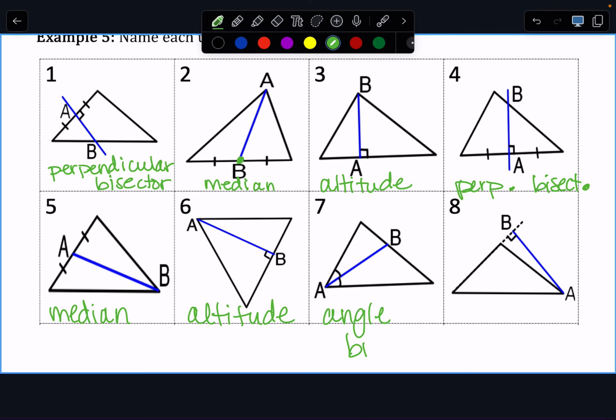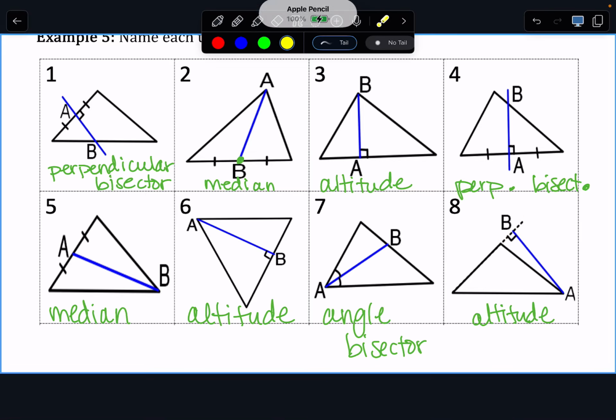Because the angle's getting cut in half, it's an angle bisector. Number 8 is weird. It's a median. No, it's an altitude. When we have an obtuse angle, we have to extend the side in order to draw the perpendicular.